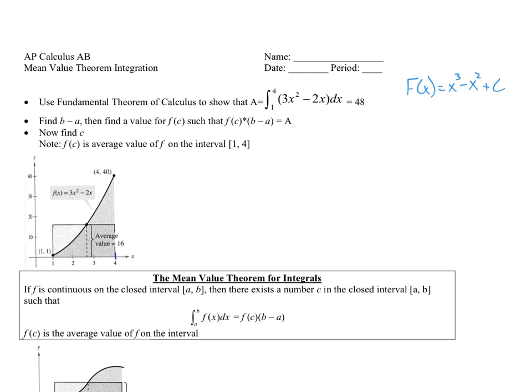If I evaluate that, x cubed minus x squared from 1 to 4, that's going to give me 4 cubed, which is 64, minus 4 squared, 16. Minus 1 cubed minus 1, so then minus 0. So 64 minus 16 does equal 48. Okay, so we've just shown this.